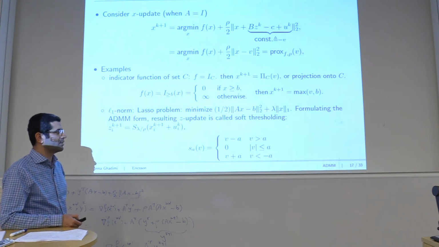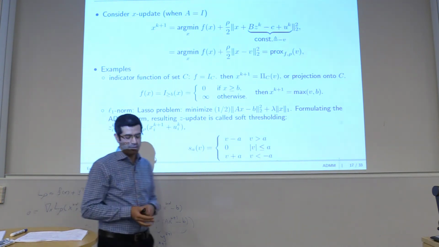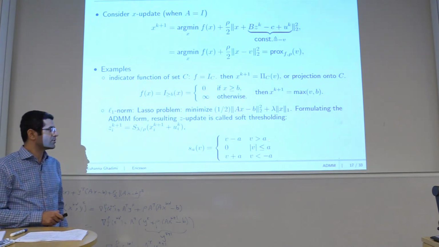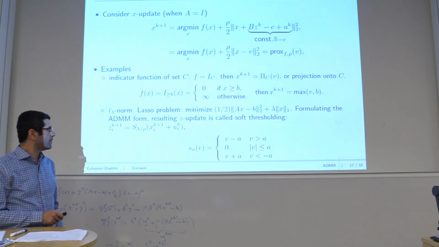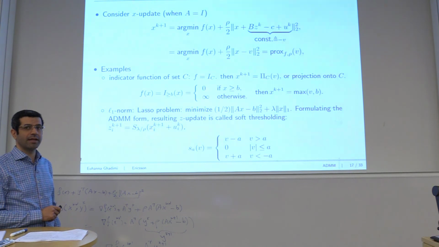So it's still an analytical formula, and what it does is just shrinks the input towards 0 gradually. So here a will be lambda divided by rho in ADMM format.